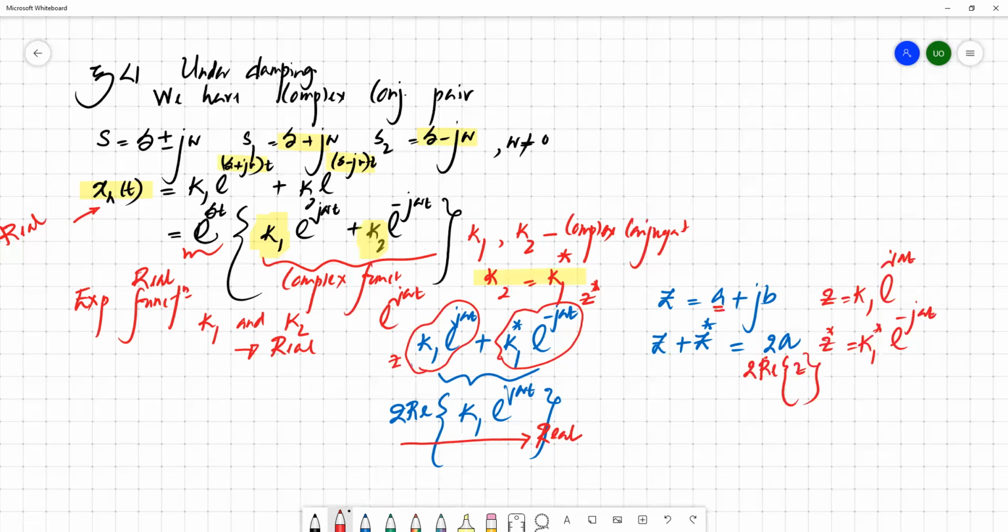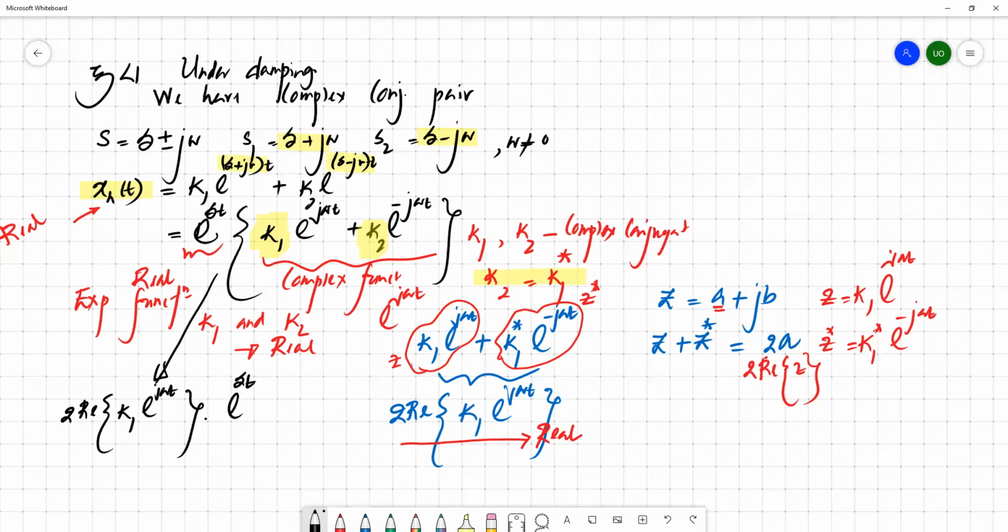Okay, so the solution boils down to this: 2 times the real part of k1 e to the power j omega t into e to the power sigma t.